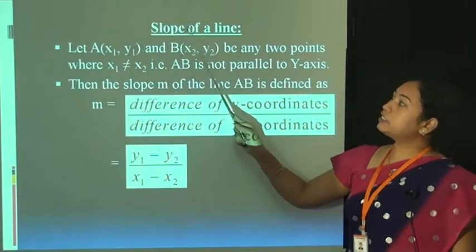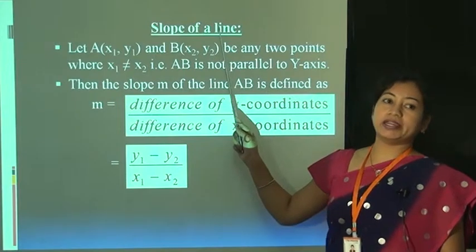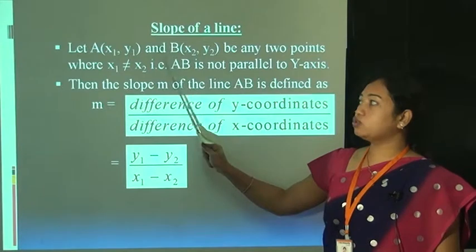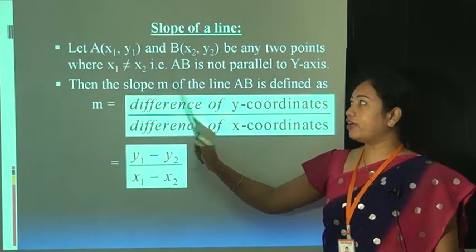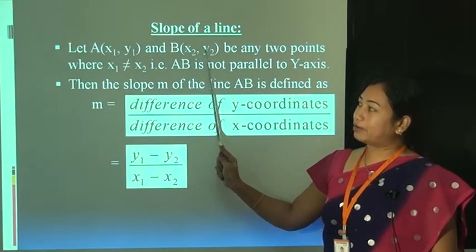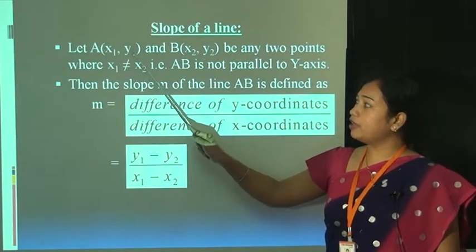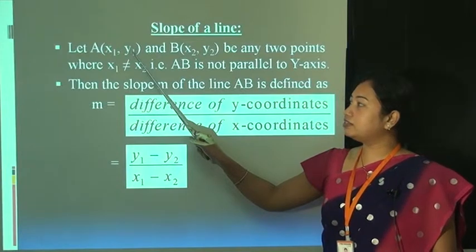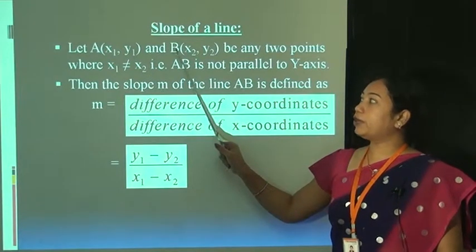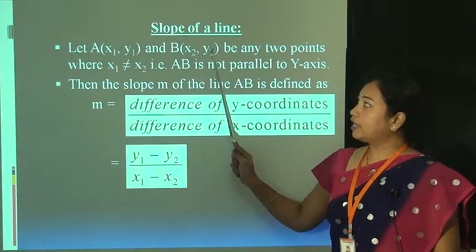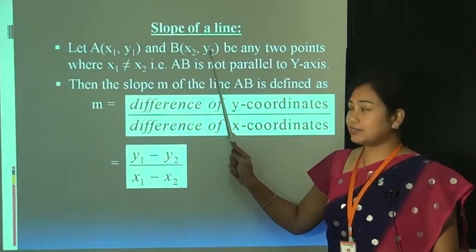Next point is slope of a line. We want to find the slope of a line. So let's take 2 points A and B whose coordinates are (x1, y1) and (x2, y2). That means point A will be at a distance of x1 on the x axis and y1 on the y axis. Similarly, point B will be at a distance of x2 on the x axis and y2 on the y axis.